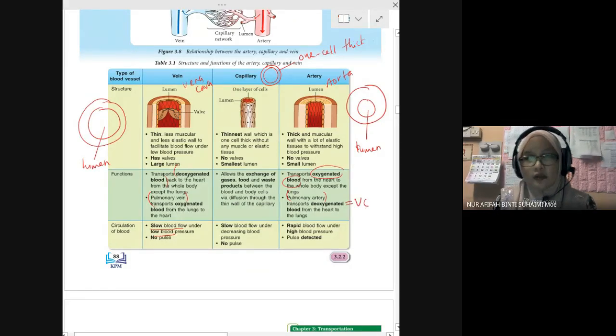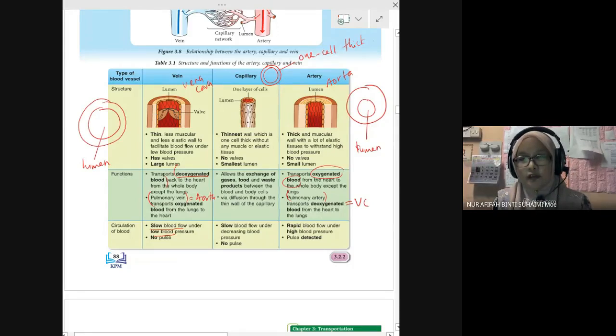One more, the pulmonary vein transports oxygenated blood, even though it is a vein. For vein, the main function is to transport deoxygenated blood, but the pulmonary vein, even though it is a vein, transports oxygenated blood together with the aorta. So be careful here, don't be confused. The main function of vein, especially vena cava, is to transport deoxygenated blood, except the pulmonary vein.